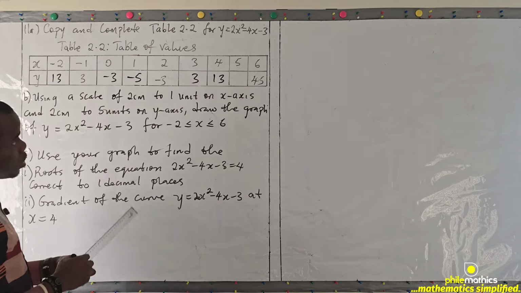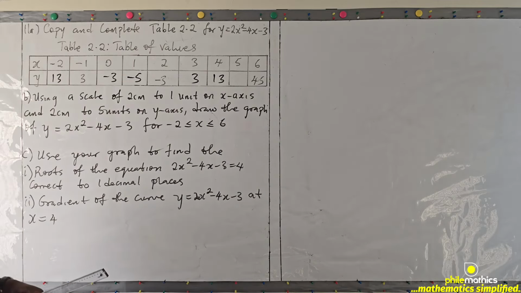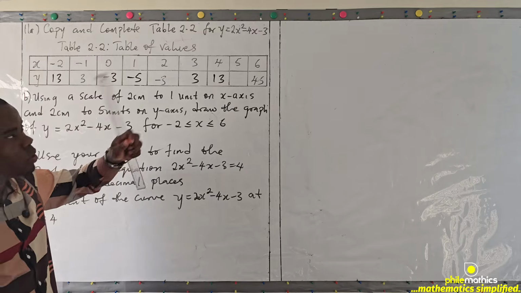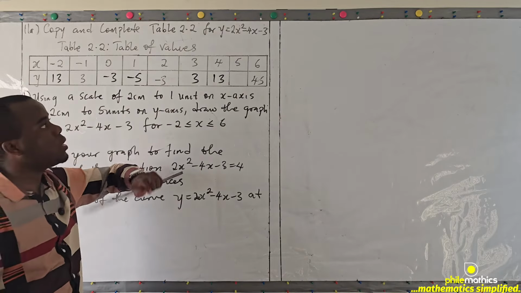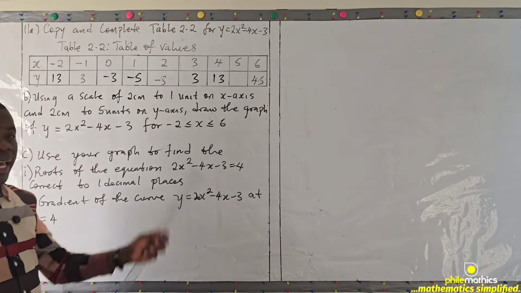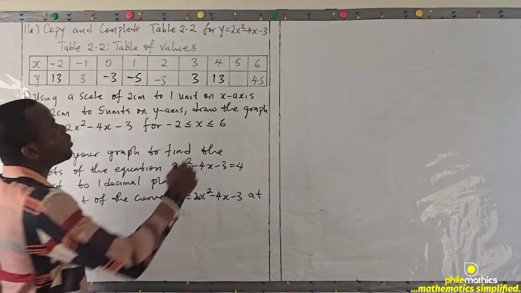And then if we put 5 for x, 5 squared is 25 times 2, 50, minus 20, 30, minus 3, 27.